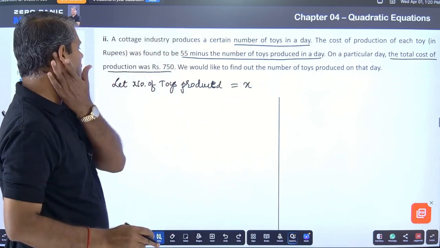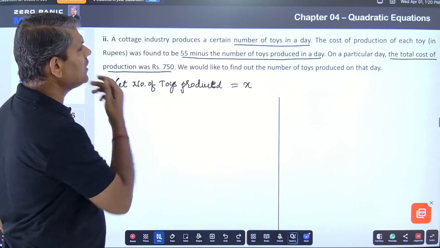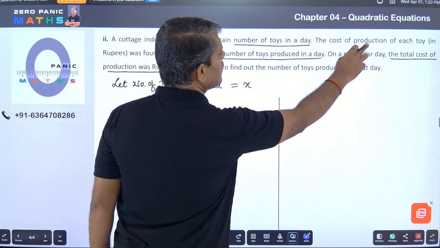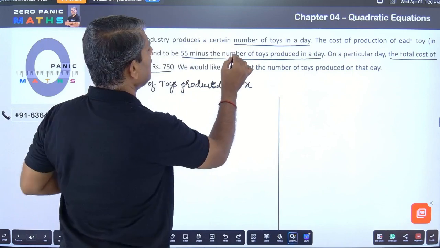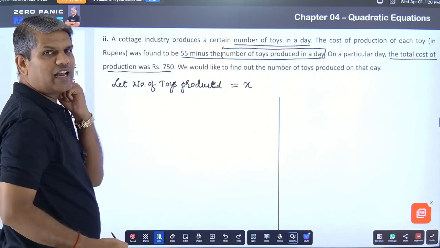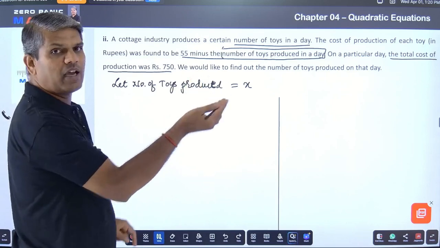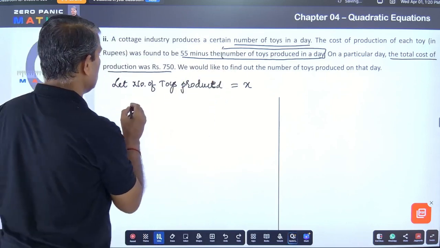Let us assume that the number of toys produced is equal to x. If x toys are produced, then the cost of production of each toy was found to be 55 minus the number of toys produced. Number of toys produced we considered as x, so the cost of production of each toy will be 55 minus x, because that is what is given here.